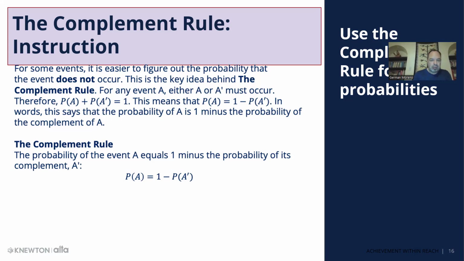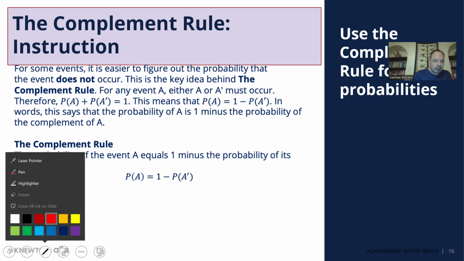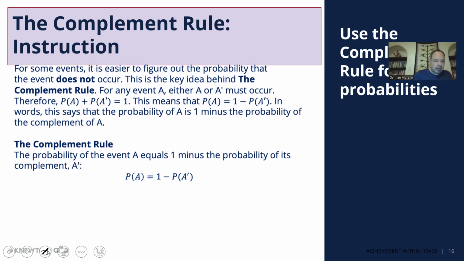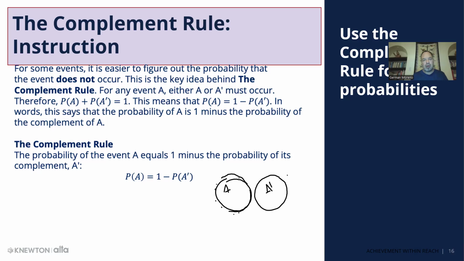So let's see if I can illustrate that here with a Venn diagram. You've got one set, and it's disjoint from another set. And let's say this is A, and this is A prime. So all the elements in one set are not in the other set.